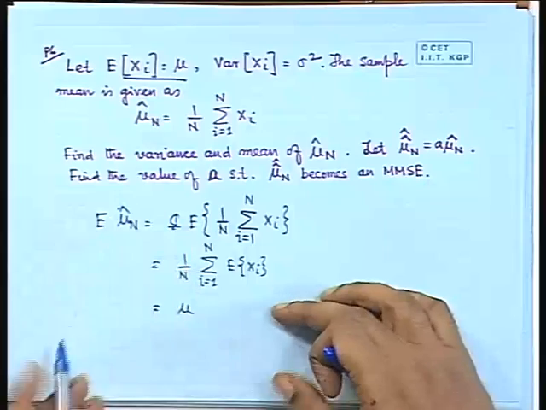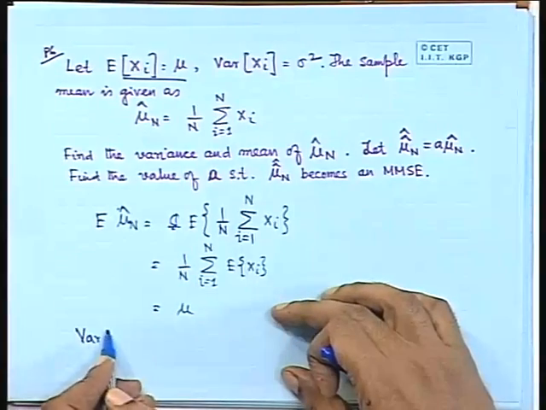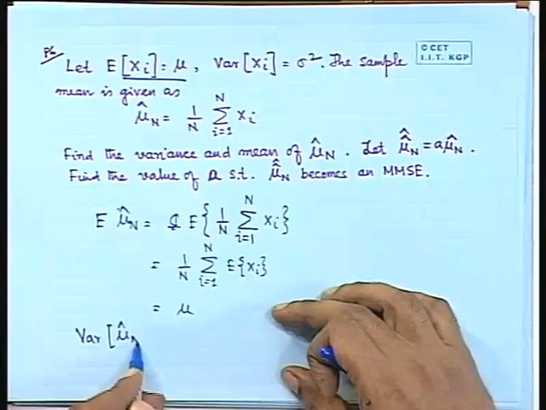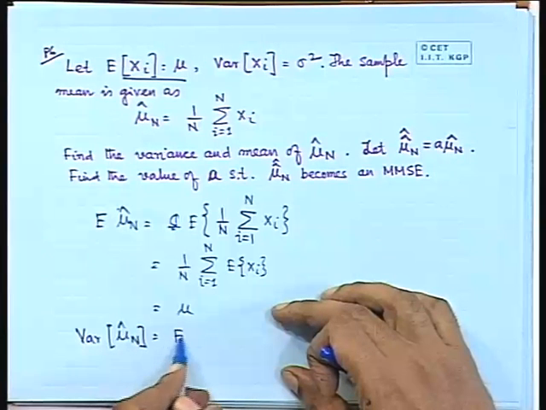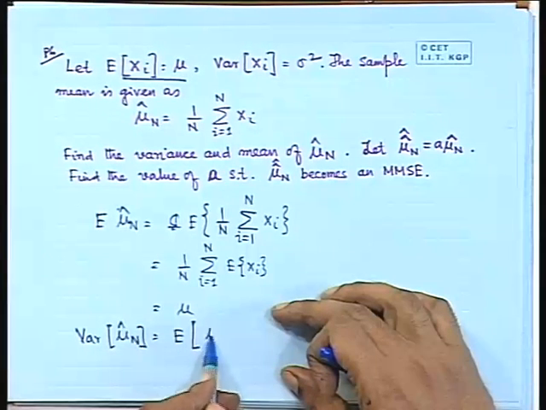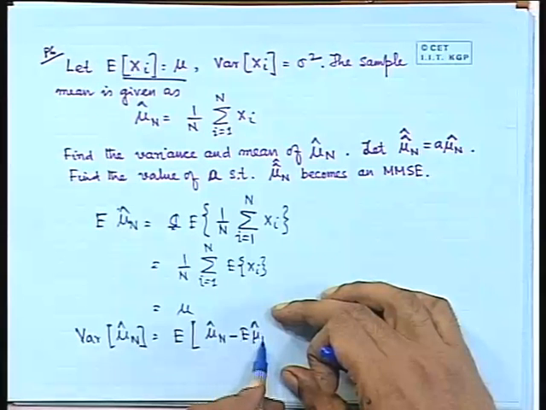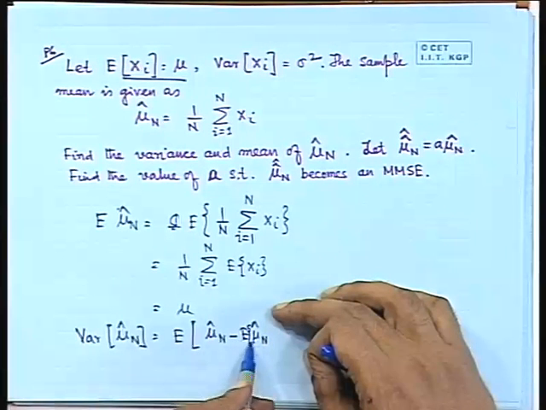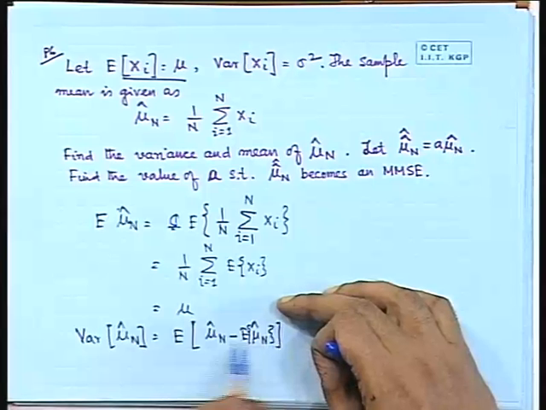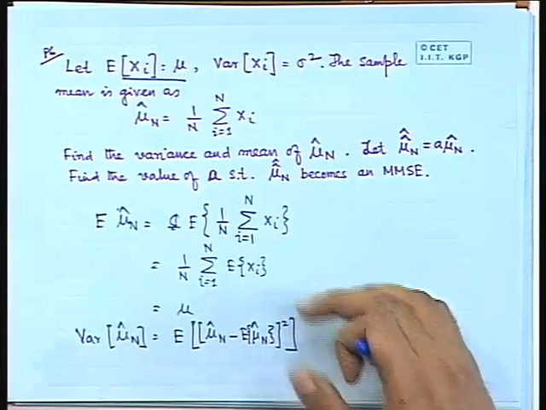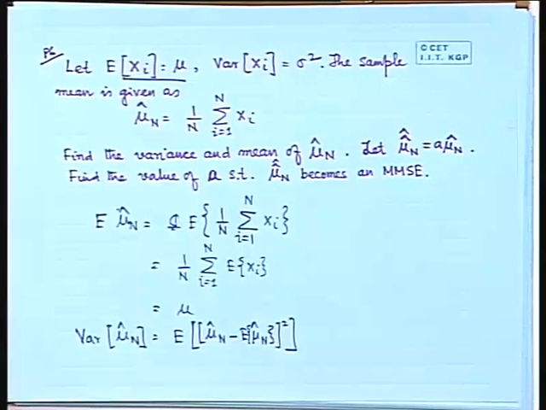So what is the variance of mu hat n? It is the expectation of mu hat n minus the expectation of mu hat n, whole square. This is the formula of variance.